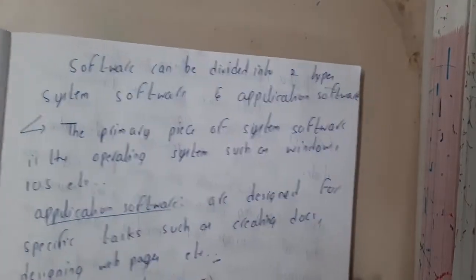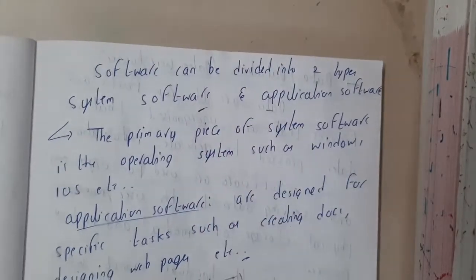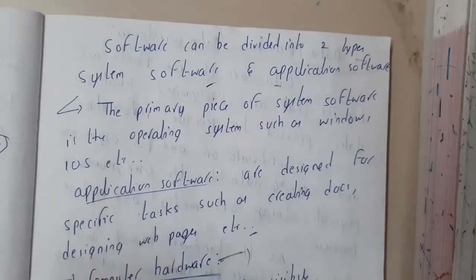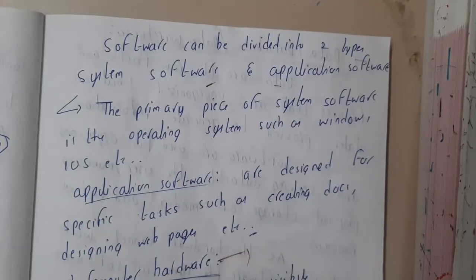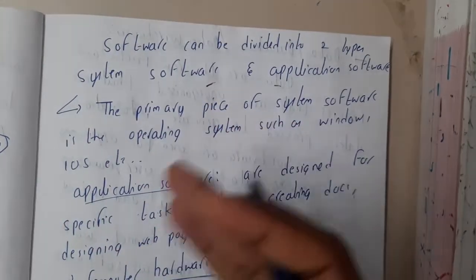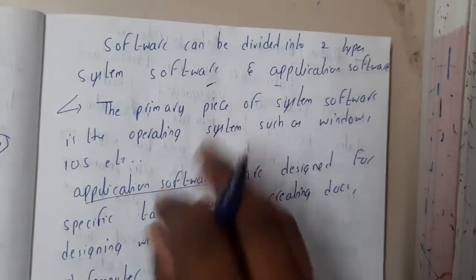Software can be broadly divided into 2 types: system software and application software. What is system software? These are the softwares which are pre-installed, or which are required by the system to run properly.